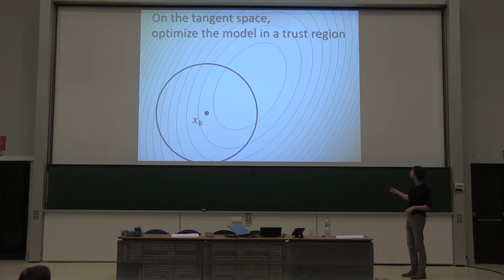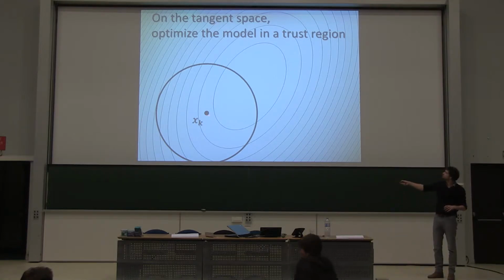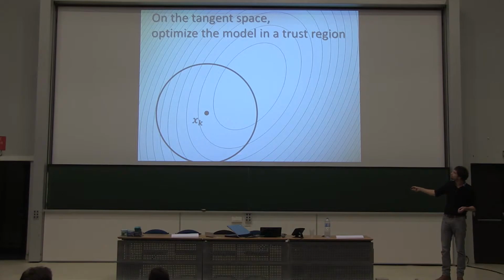So now I'm in the tangent space here. The whole screen is a tangent space. What I see are the level sets of the lifted cost function, and xk over here is my current point, which corresponds to 0 in the tangent space. Inside the trust region, so within some distance, I'm going to optimize the lifted approximated cost function, which will give me a vector.